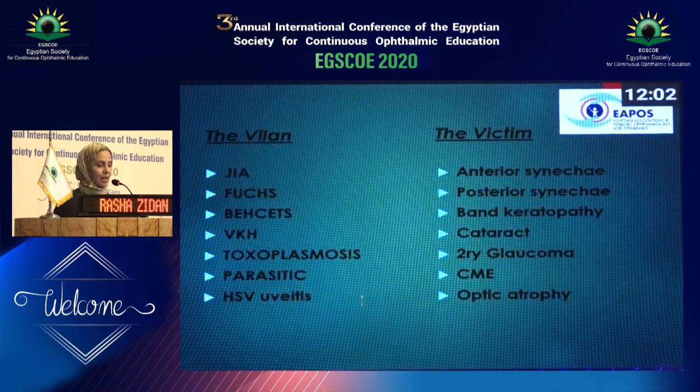So the villains, as I like to call them, or the causative uveitic agents, the most common is juvenile idiopathic arthritis, Fuchs, Behcet, Vogt-Koyanagi-Harada, toxoplasmosis, parasitic uveitis, and herpes simplex uveitis. The victims in the eye are the anterior and posterior synechiae, band keratopathy, cataract, secondary glaucoma, cystoid macular edema, and optic atrophy.